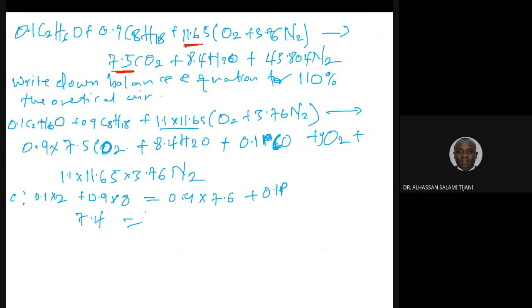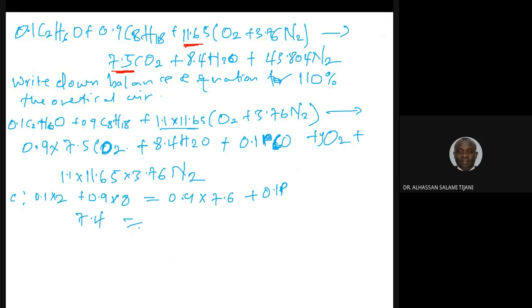Okay, so now minus 7.4, times, so that is 0.56. 0.56 divided by 0.1.